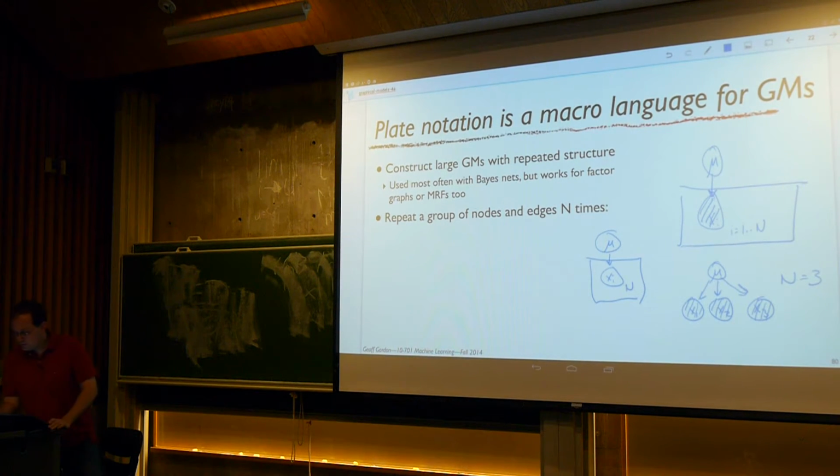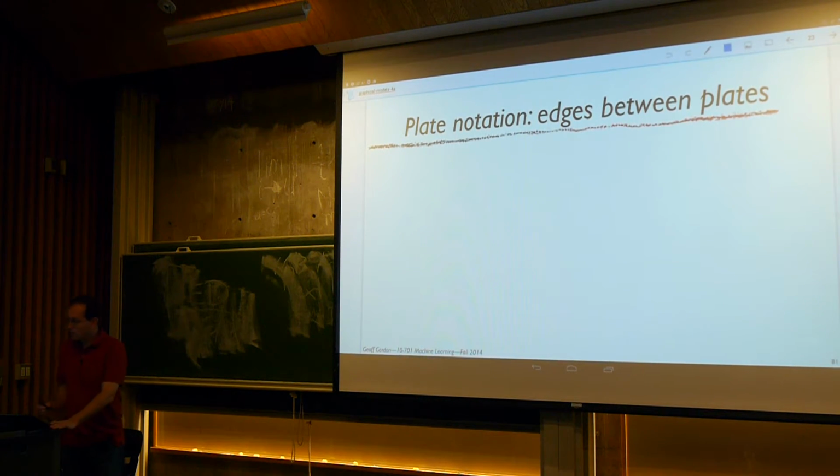Cool. So you can do more complicated things with plate notation. For example, you could have a probability pi i and a mean mu i, and those are random variables inside a plate. Let's say we're doing a clustering type model, and there are k clusters.